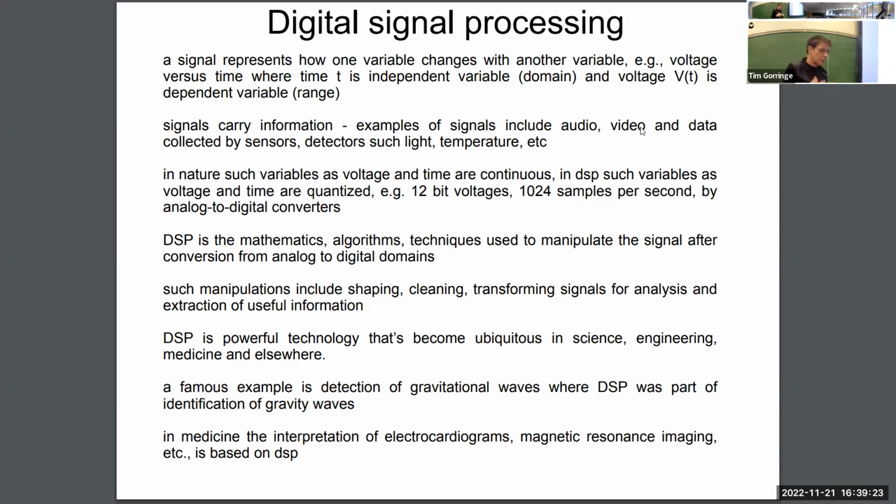A very famous and recent example of digital signal processing is the detection of gravitational waves. In the gravitational wave experiments, it was in part through very sophisticated detectors, but also in part through very sophisticated digital signal processing, that the signals of the gravitational waves were extracted from the raw data.